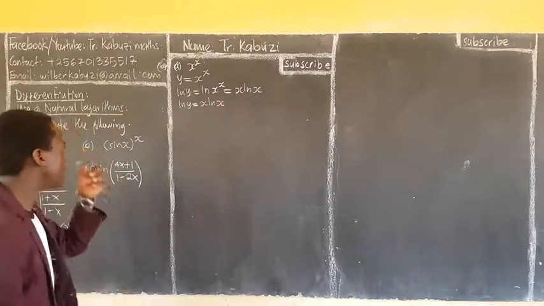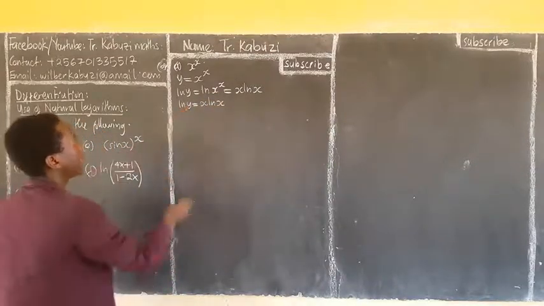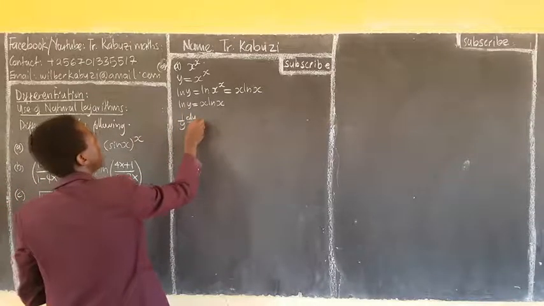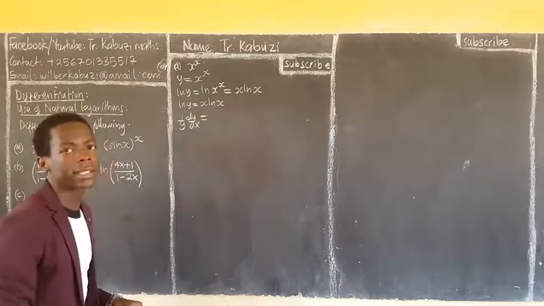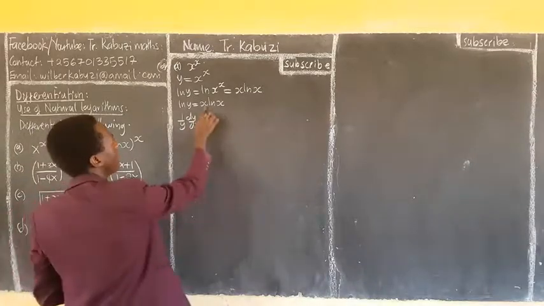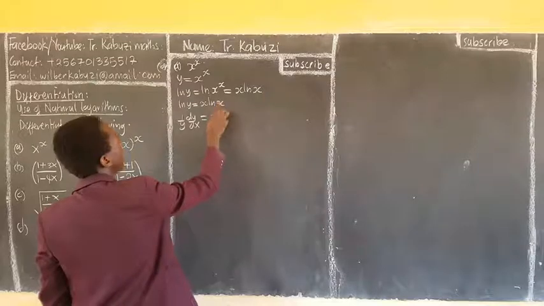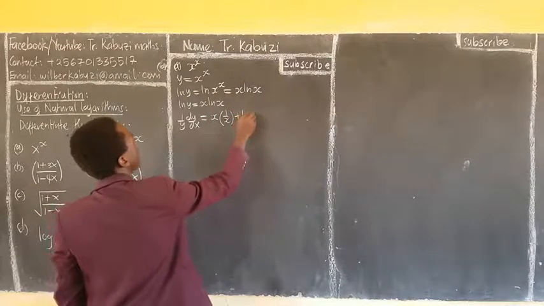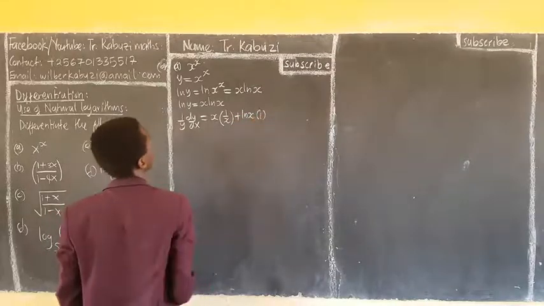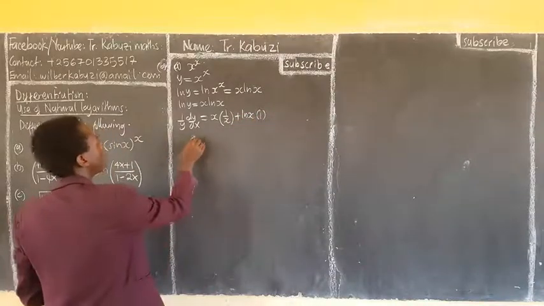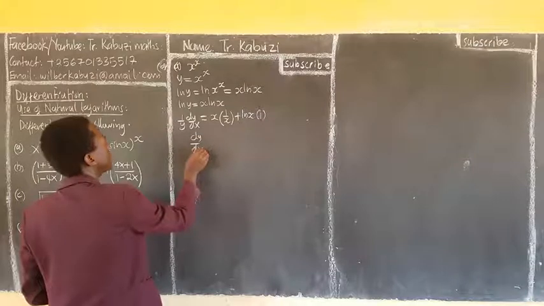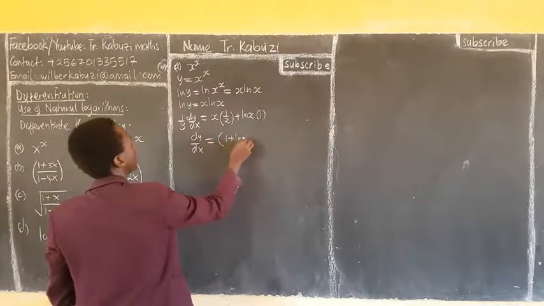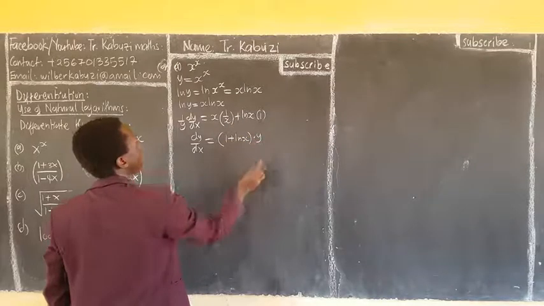Now there you differentiate. When you differentiate this one, you get 1 over y dy dx. Then here you see it's a product of two functions, so we use the product rule. We say fix this, then differentiate this, 1 over x, then plus fix natural log of x, then differentiate x, you get 1. So my dy dx will be 1 plus natural log of x, then times y.